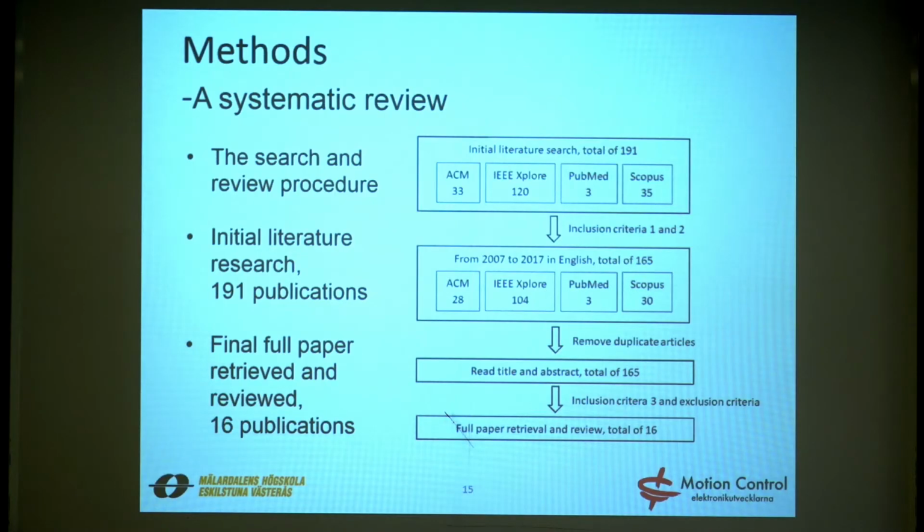This is the process of the search and review. We can see in the figure from the initial search of 191 publications to the final 16 publications for full paper review.